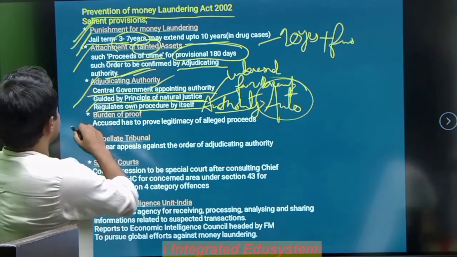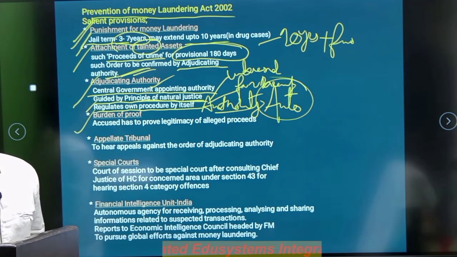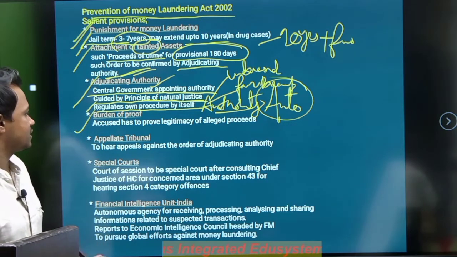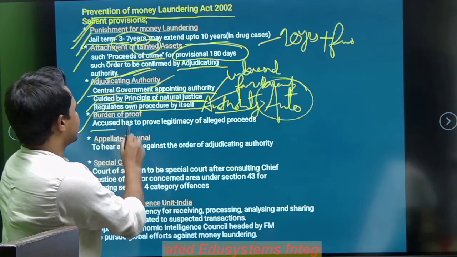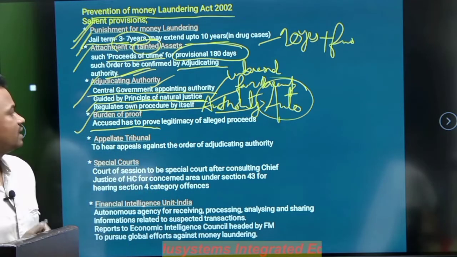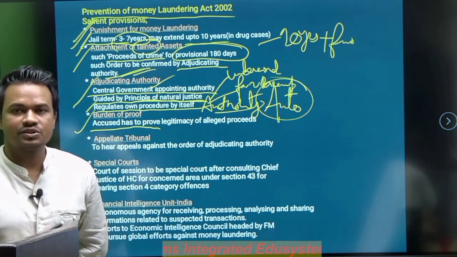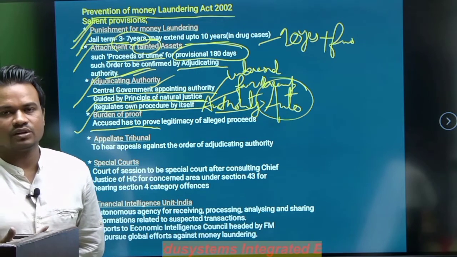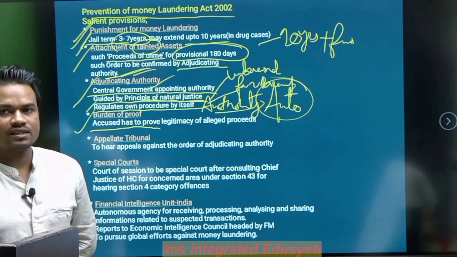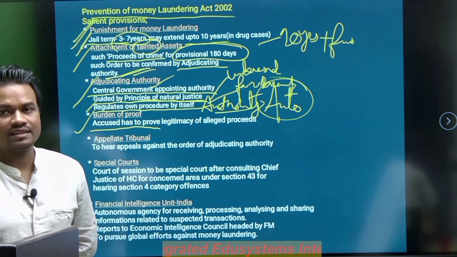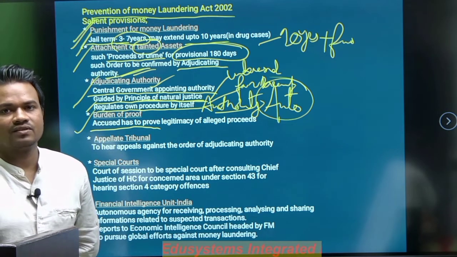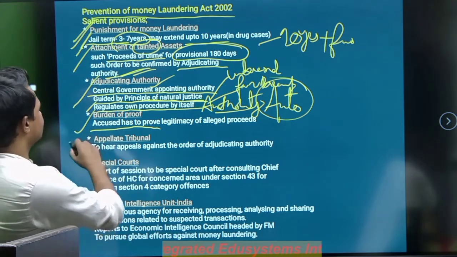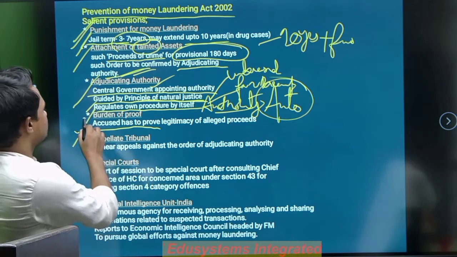And the fourth important feature is burden of proof. In a simple legal action, the cardinal principle of the judiciary in India is that a person is presumed innocent until guilt is proven. But under this act, the burden of proof is reversed.